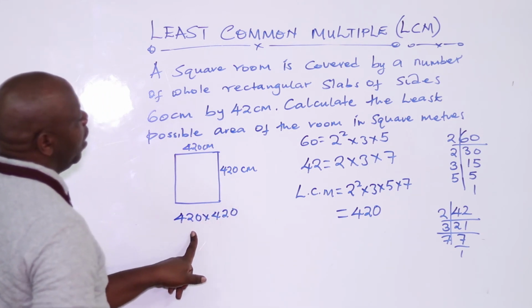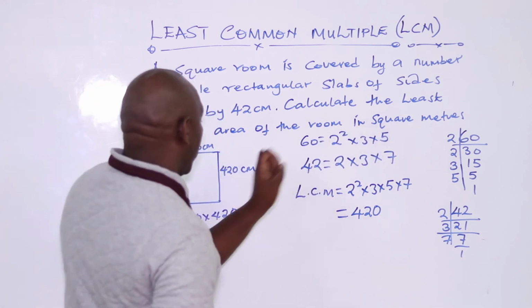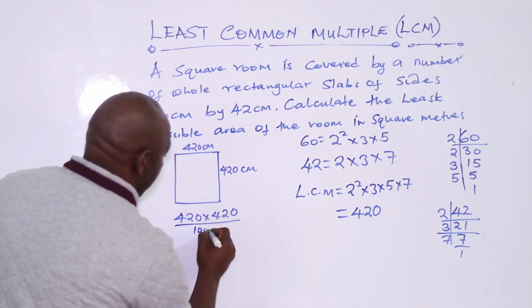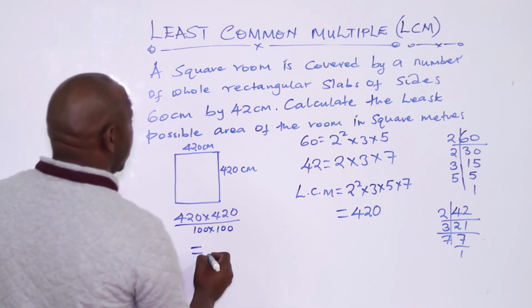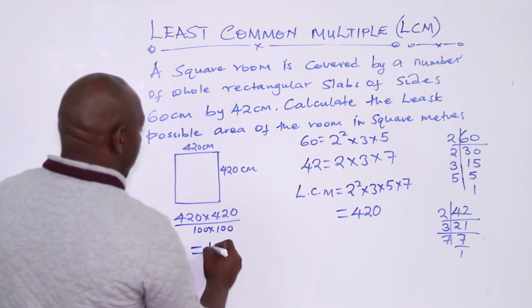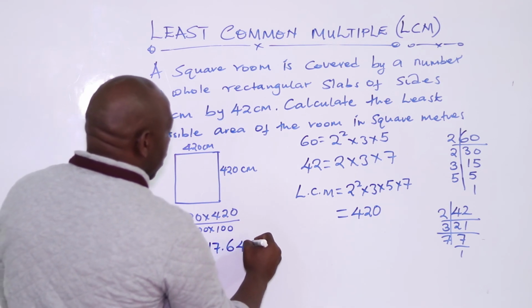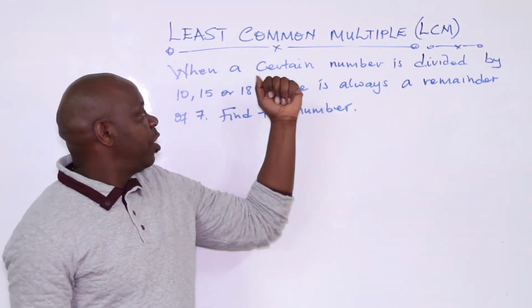And that will give us the area in centimeters squared, and we want it in meters squared. So you divide by 100 times 100. And if you work it out, you get 17.64 meters squared.